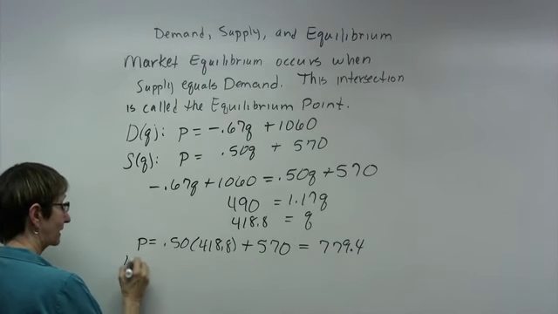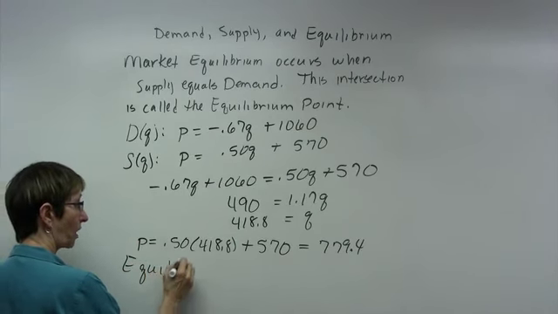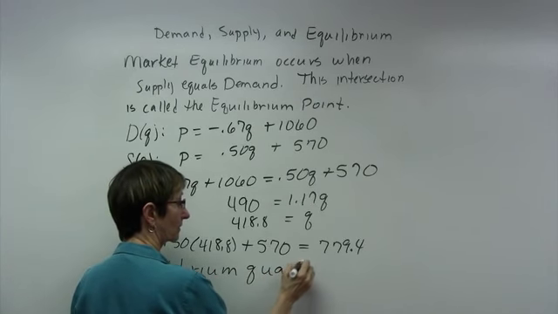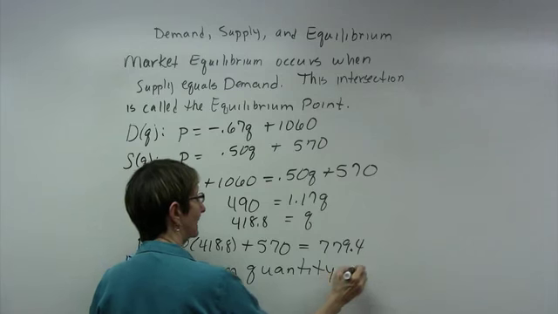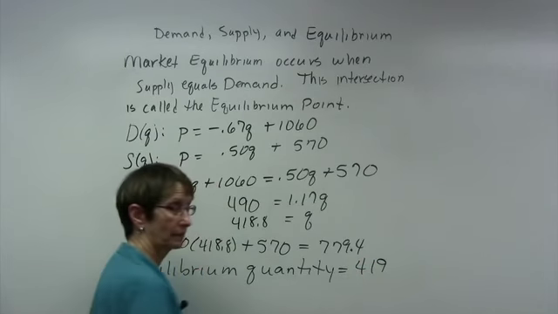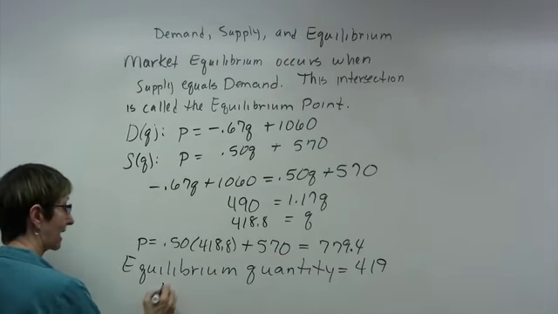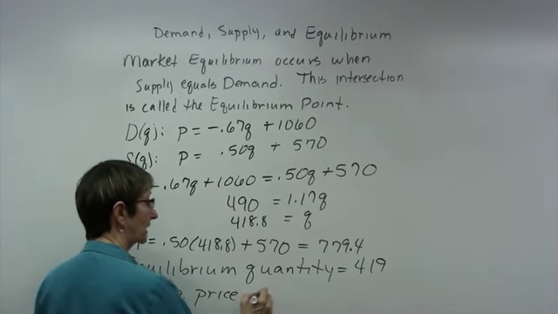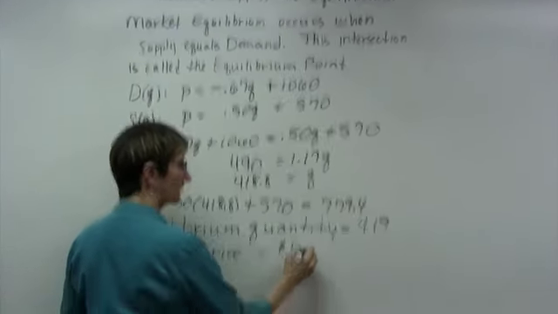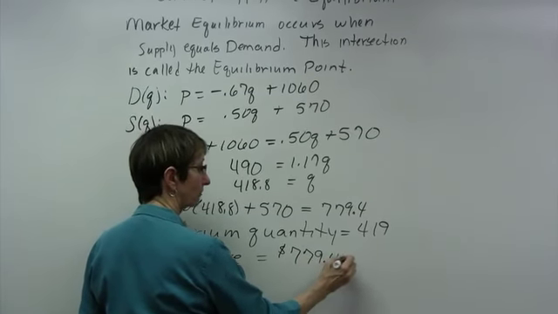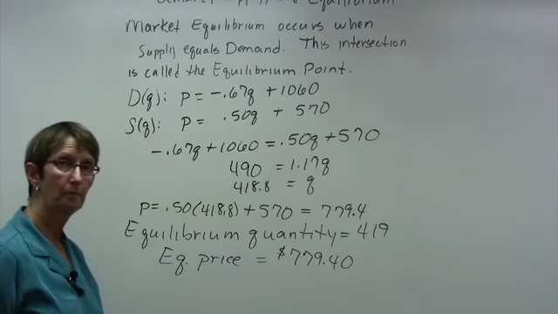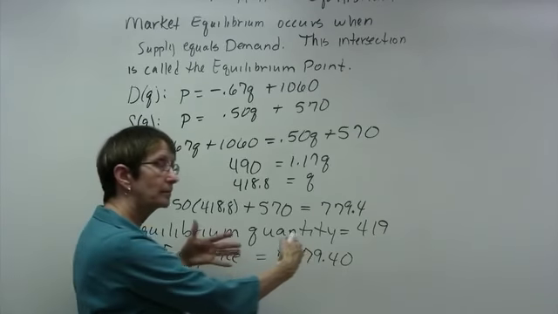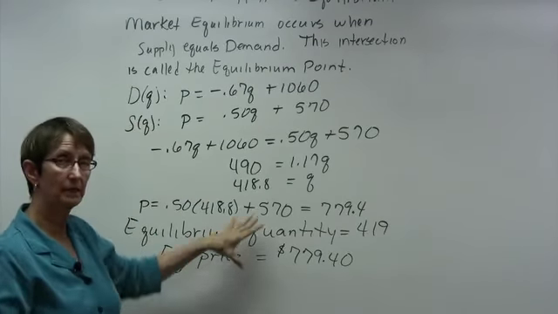So our equilibrium quantity, we'll round it now, equals 419, and our equilibrium price would equal $779.40.